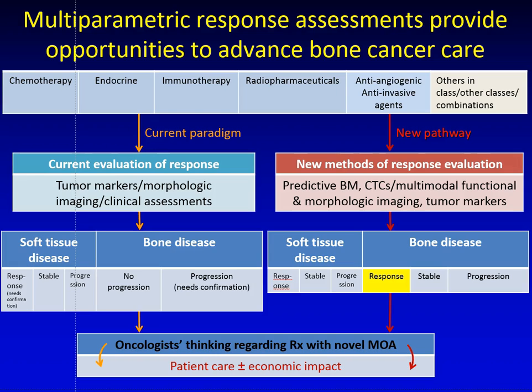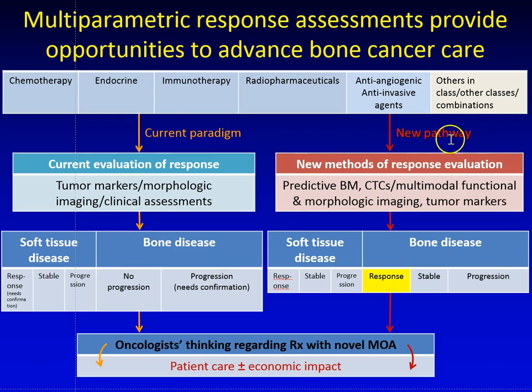Now, why do we want to have such levels of sophistication? Well, the interesting thing that MRI, and particularly multiparametric MRI, lets you do is it helps you to change the current paradigm of assessment of bone disease. Currently, bone disease is assigned two classifications: no progression or progression.